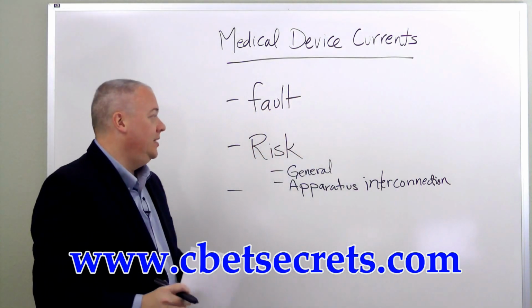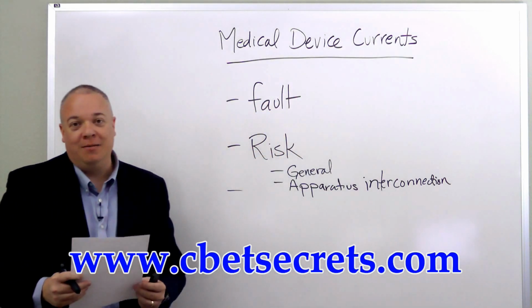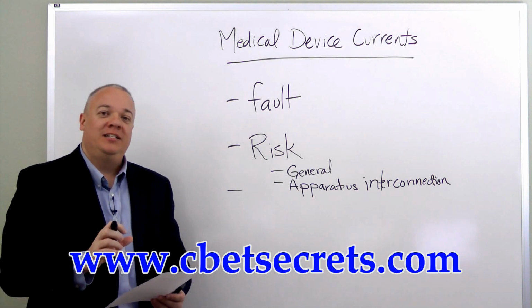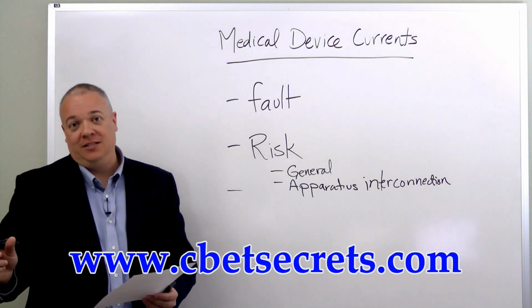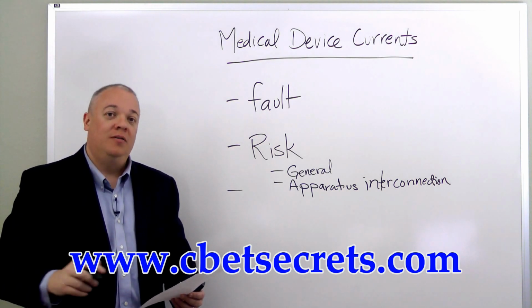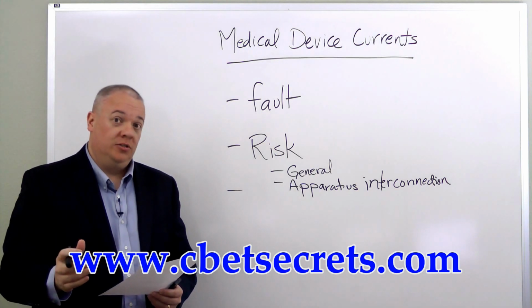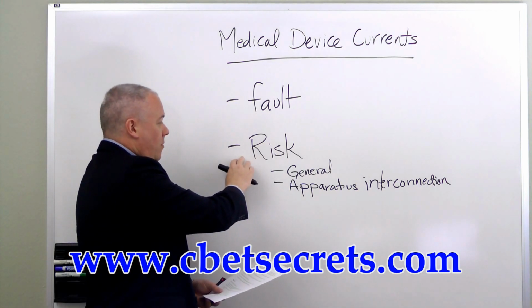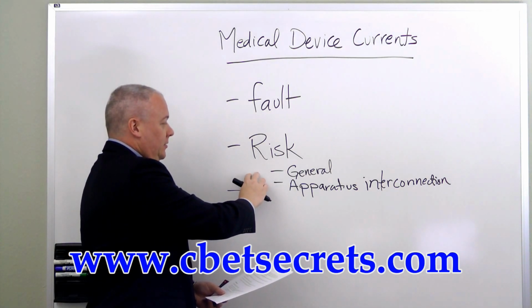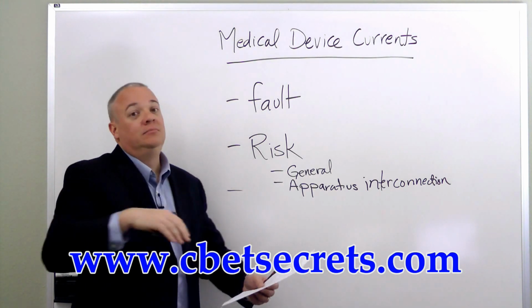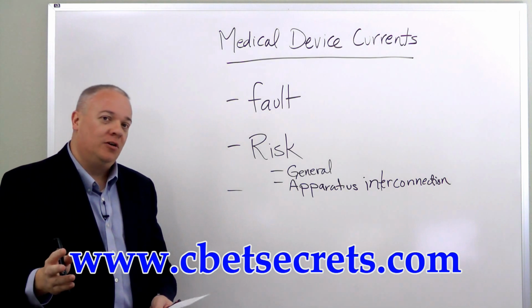It's a long name to basically say that this particular device is connected to another device, and the flow of supply of current is normal. So normal current flow, general, not grounded, not connected to any other device. Apparatus interconnection is connected to another device, and yet the flow of current is still normal.